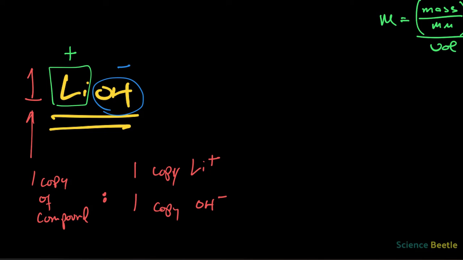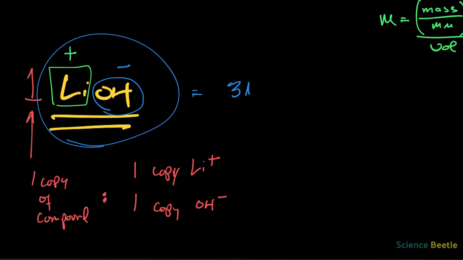If the entire compound has a 3 molar concentration, that means the concentration of the lithium is also 3 molar, and the concentration of the hydroxide is also 3 molar, because of the 1-to-1 ratio between the compound and the individual ions. Those are some of the big things to focus on in this unit.